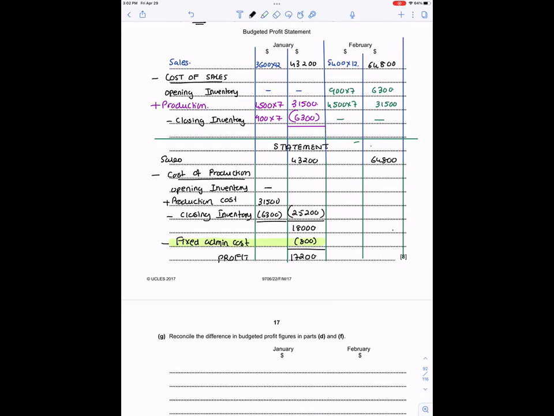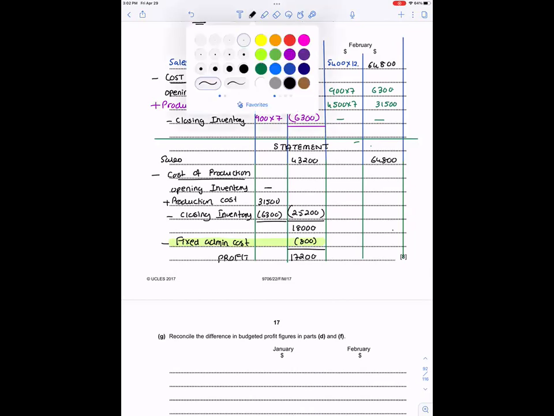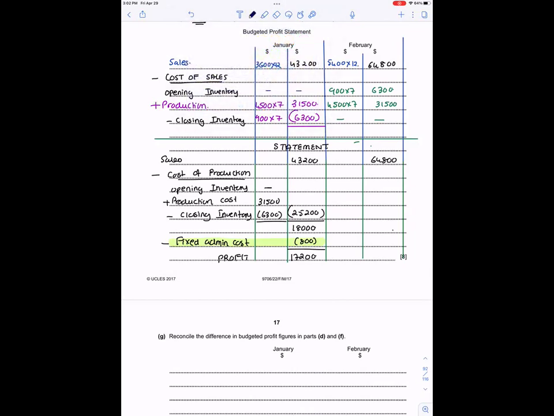So why do we skip this fixed administrative cost? Marginal costing is a short-term decision-making technique. So I just want to know in the short term whether I should accept an order or not, whether I should buy a product or make a product. So we only want to know whether the money that I'm getting is able to recover my variable cost or not. And then to see the profit, I just minus the fixed cost together and get the profit.